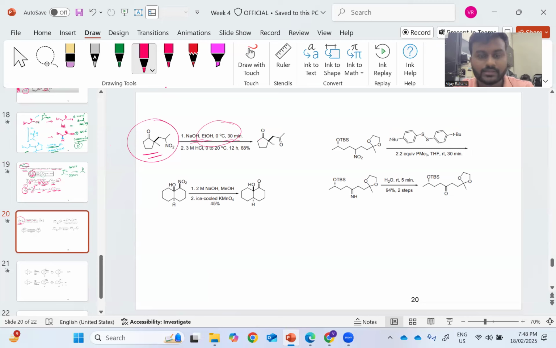It is a very mild reaction condition. At 0 degrees Celsius it converts, and the second reagent was 3 molar HCl, which is also very dilute HCl, right? Also at 0 degrees Celsius for 12 hours, it gives 68% of this oxidized product.